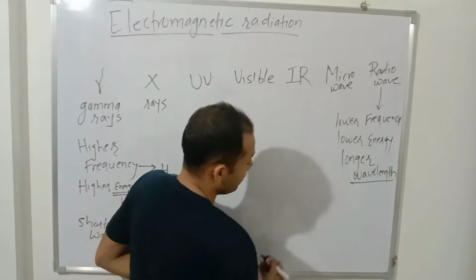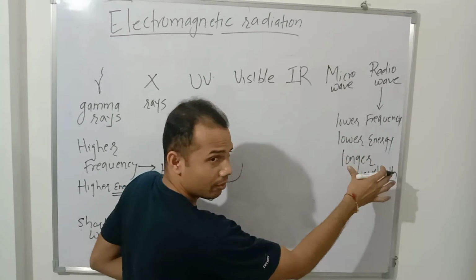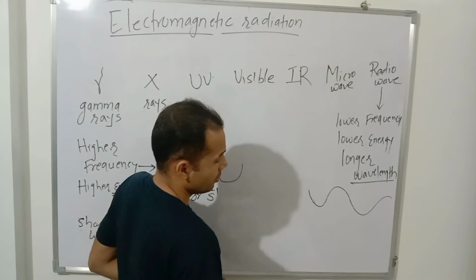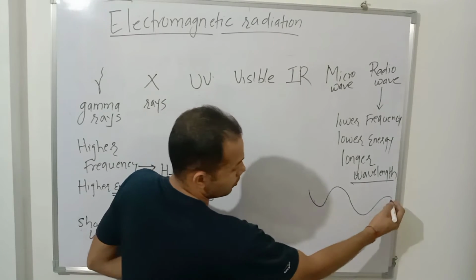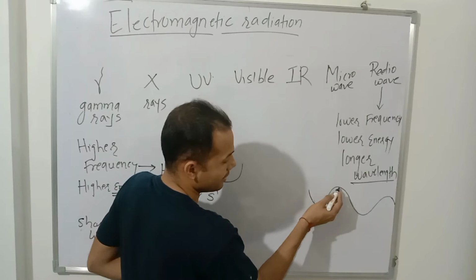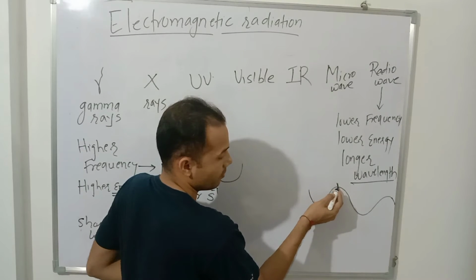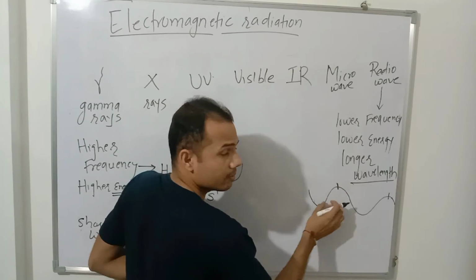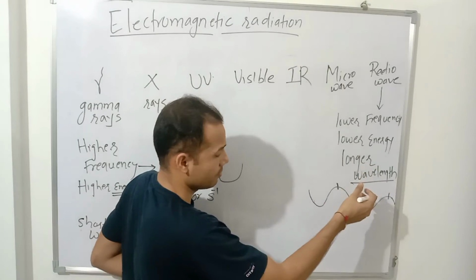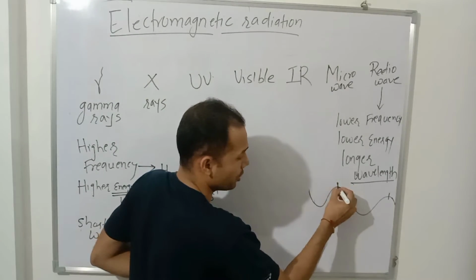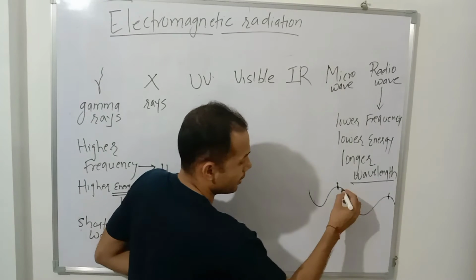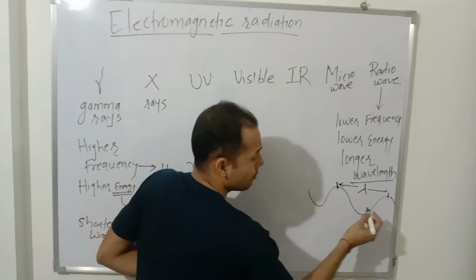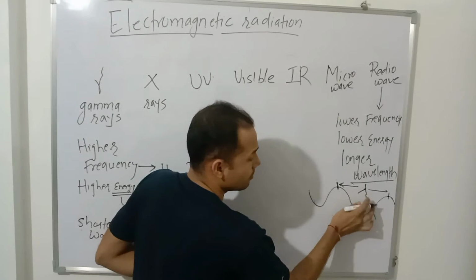Let me talk about what wavelength means. Let me take the example of a longer wavelength. This is the wave, right? This point is called a crest, and this is also a crest. The distance between two consecutive crests, from this point to this point, is called the wavelength.